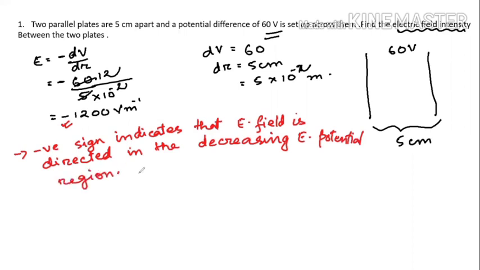The electric field will be directed towards the region where electric potential is decreasing. The more you move away from the source charge, the more the value of electric potential decreases. This is what this negative sign refers to.